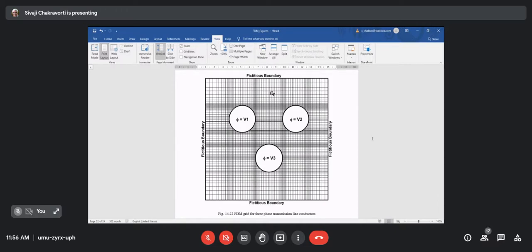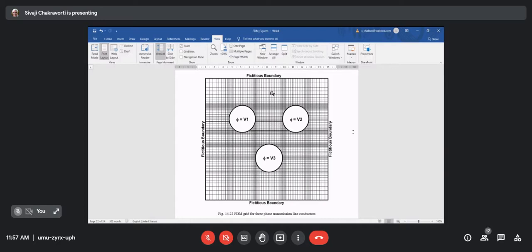The logic is that there is something we know fundamentally about the field, that means how the field varies. It is very well known that the field varies sharply near the boundaries, and it varies relatively slowly as you go away from the boundaries.